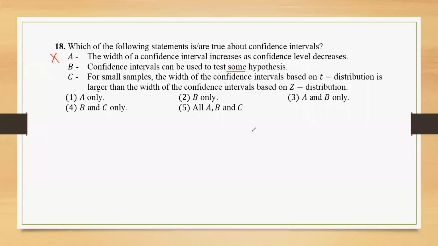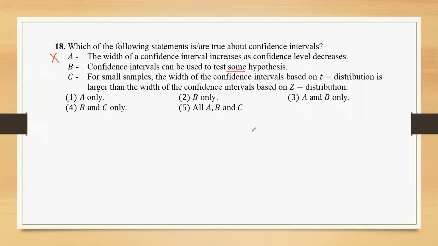Yes, it is correct. So you know that normally we can do a hypothesis testing using three ways. First way is using test statistic and critical region or acceptance region.